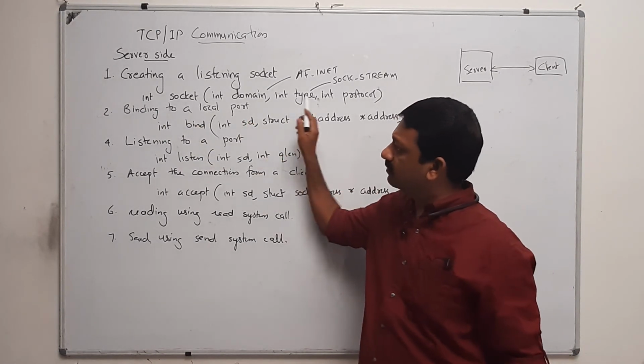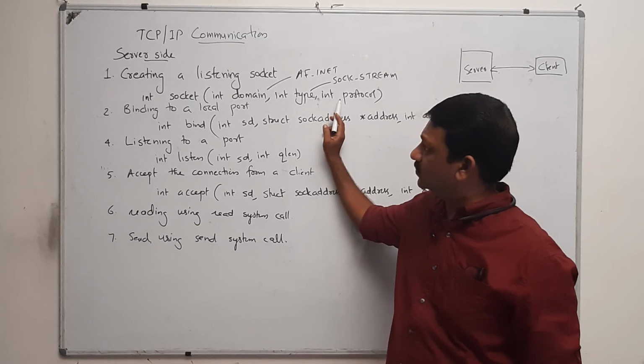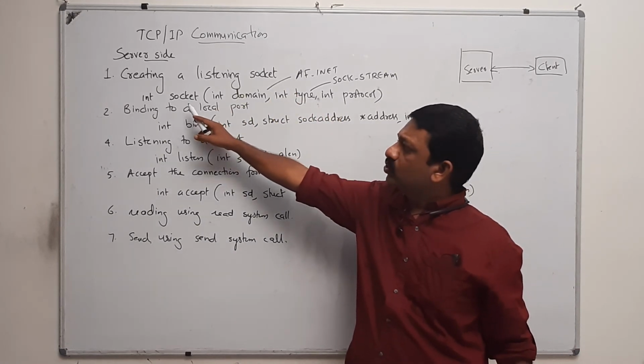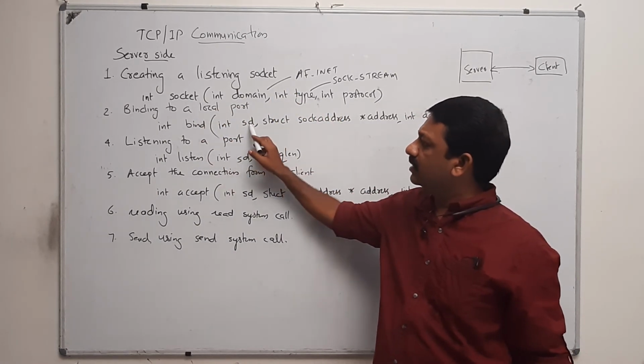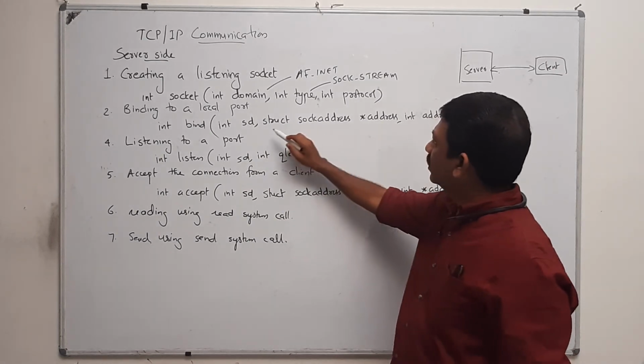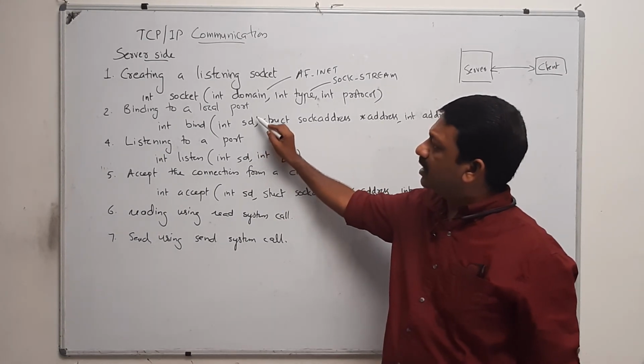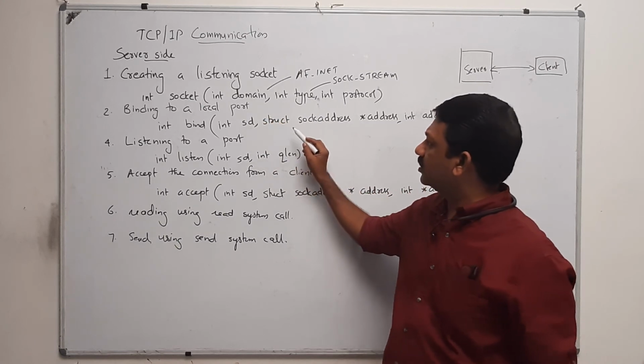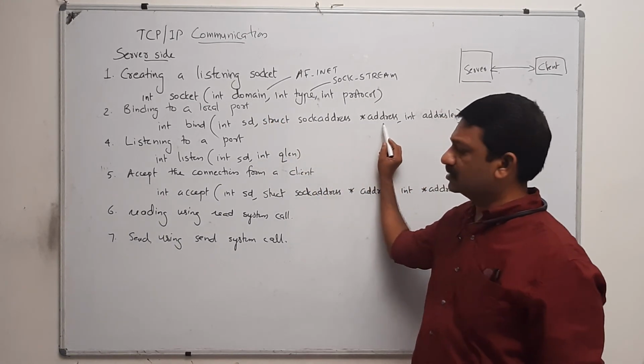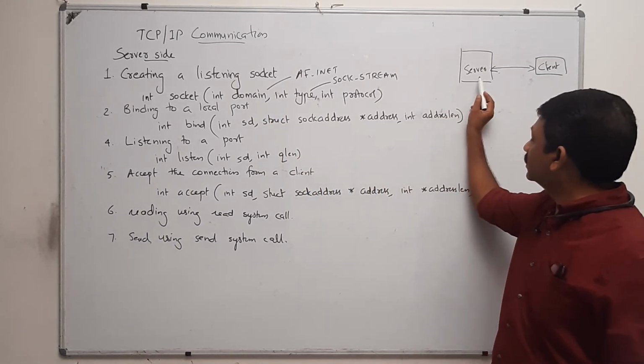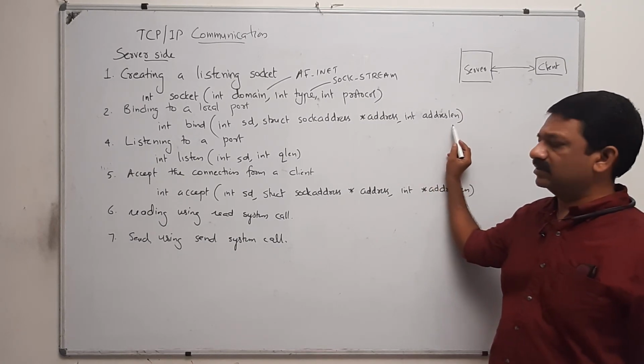When the socket system call is successful, it returns a socket descriptor, and for binding this to an address you need the socket descriptor, the socket address, and the address length.